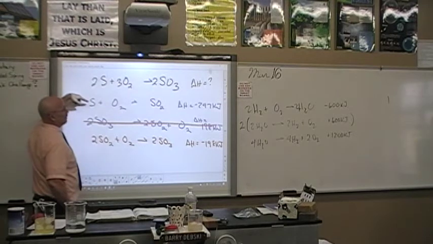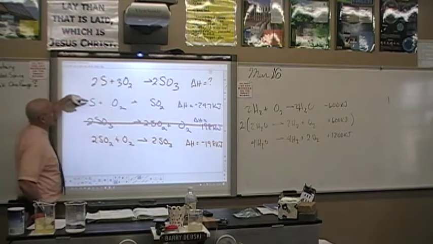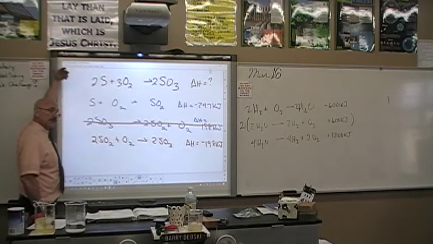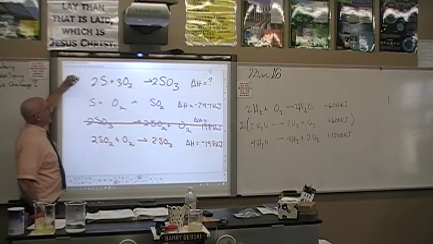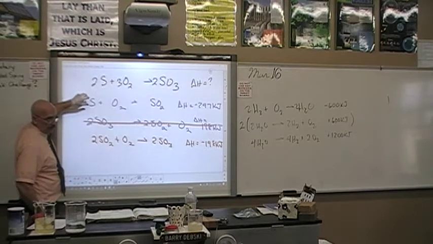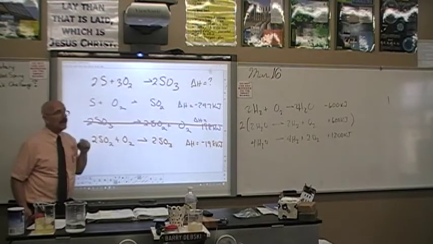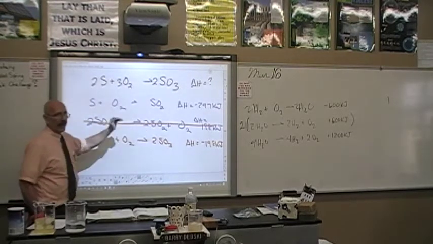Do I have the right number of sulfurs? Okay, notice that my final reaction needs to have 2 sulfurs, and I only have 1. So what do I need to do? Multiply it by 2. Now, if I multiply sulfur by 2, and that's the only thing I do, I'm going to break all my stoichiometry, right? So I need to multiply everything by 2.